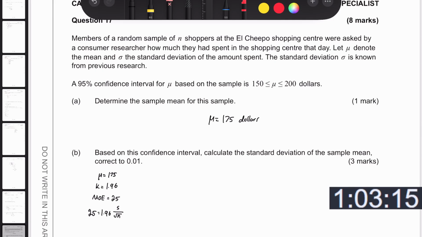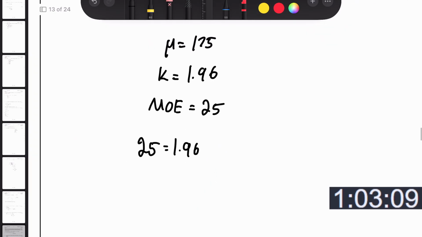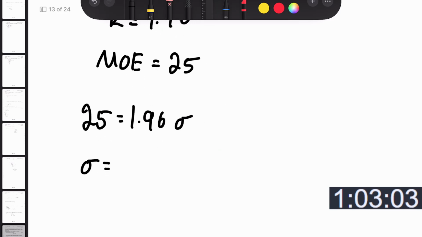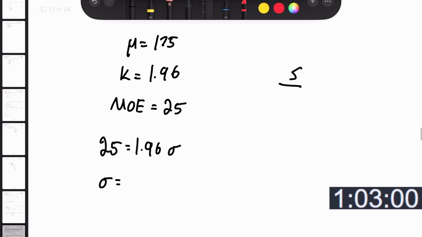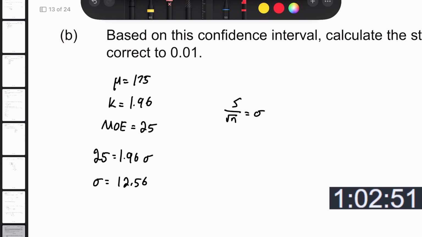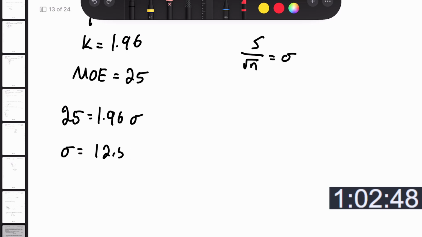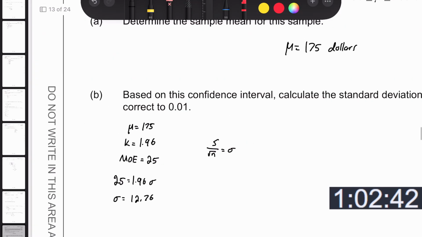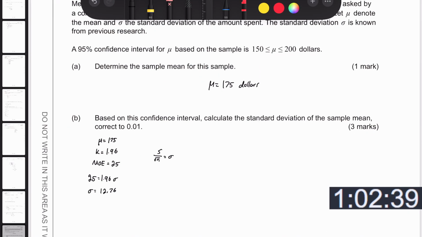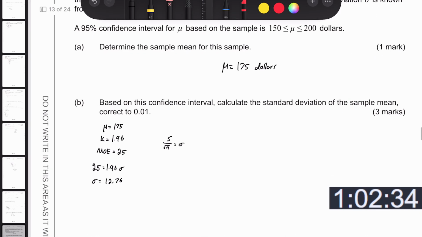Oh my god. I'm so stupid. This here is just like that, I think, because s on square root of n is equal to that. Let's figure that out. Okay, so this is 12.76. Standard deviation of the sample, yes. Because I'm looking at the statistical inference page on my formula sheet, and it's so confusing, but okay, whatever. It's z times the standard deviation of the sample mean.